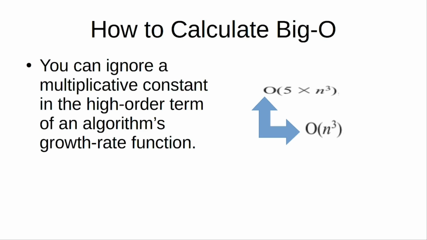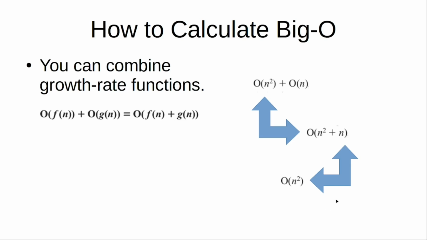Constants could vary with hardware, vary with compilers, vary with optimizations, and they don't impact the fundamental nature of an algorithm's performance as n approaches infinity. So we can actually drop constants. You can ignore multiplicative constants in the higher order term.